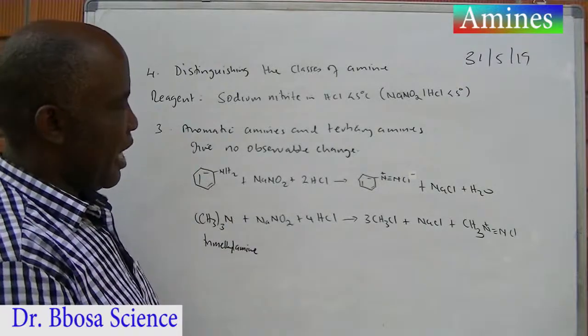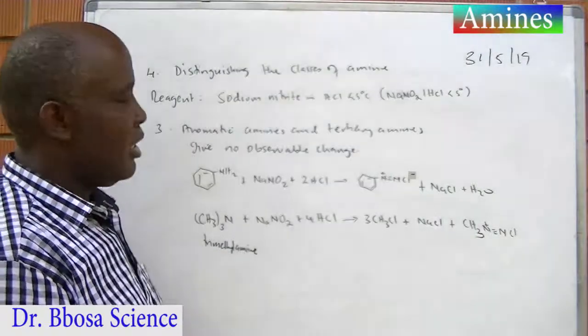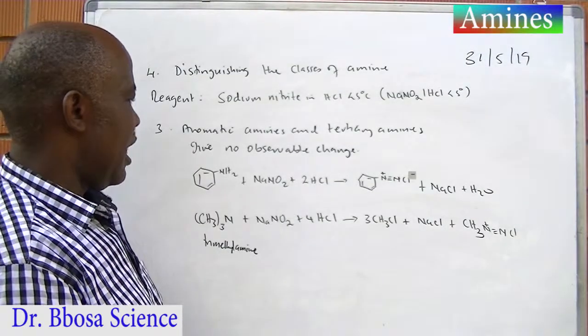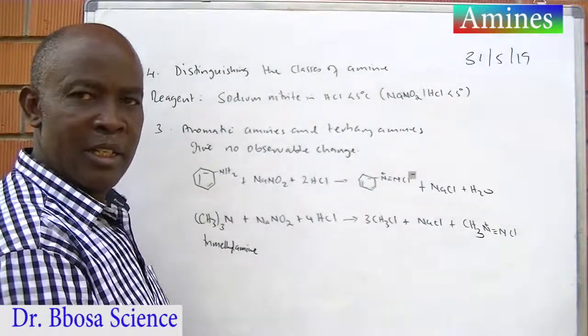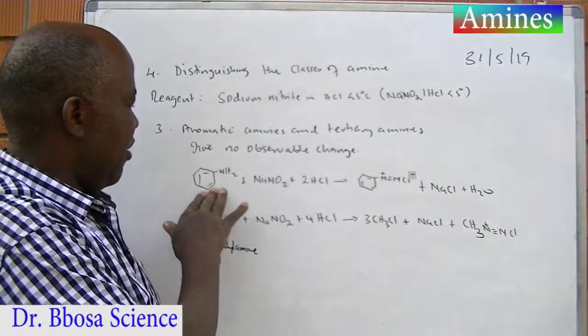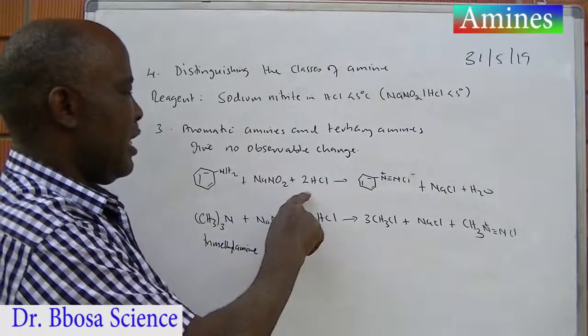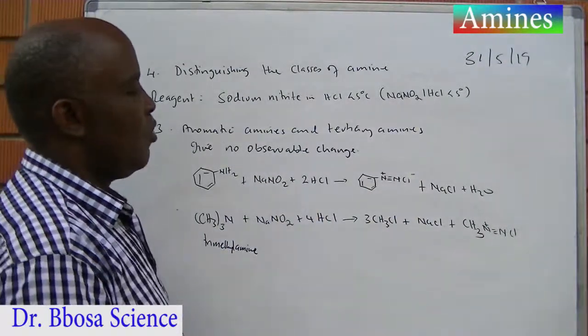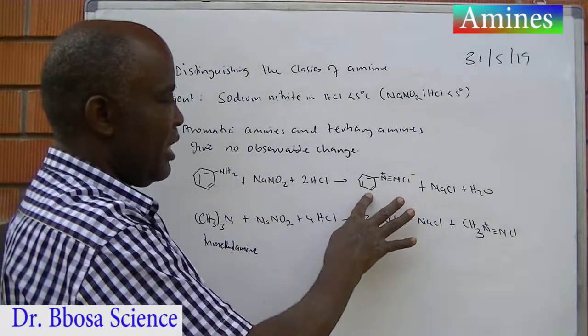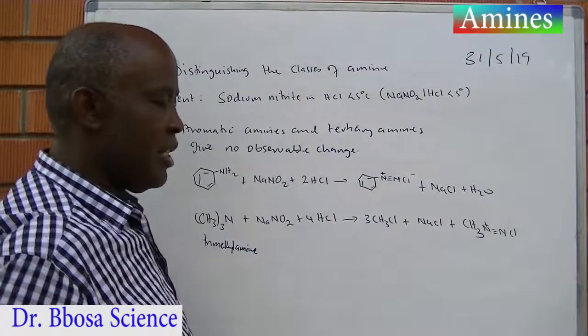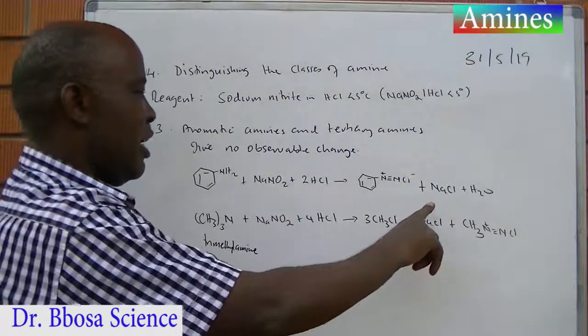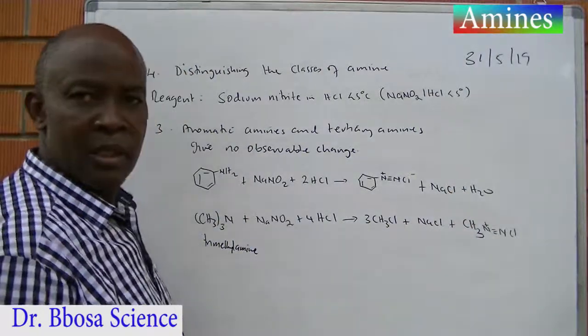Aromatic amines and tertiary amines give no observable change. For example, phenylamine reacts with sodium nitrite and HCl to form benzene diazonium chloride plus sodium chloride plus water.